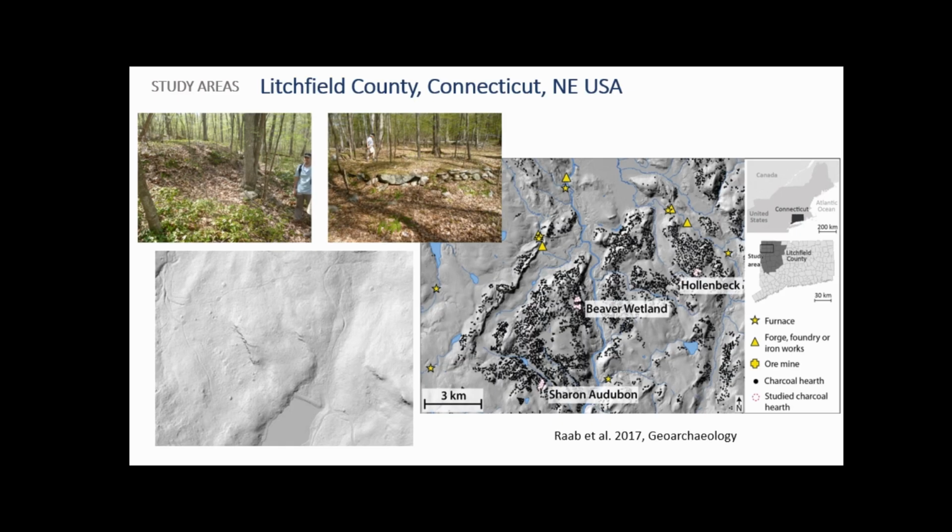What's characteristic for this region is that we also have these slope platform types of charcoal earth remains, but they are very well preserved because they are mainly clearly delineated with stone walls around the site. So they are relatively easy to see.